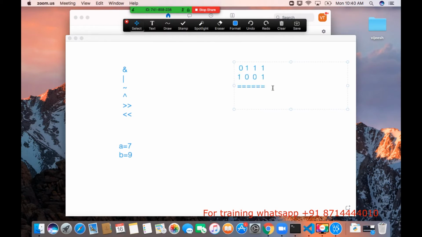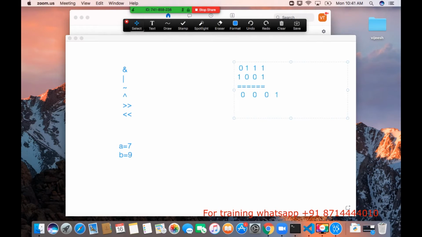In the binary number system, if you are using AND, it will compare 1 with 1, and the output will be 1. Then 1 and 0, the output will be 0; 1 and 0, the output will be 0; 0 and 1, the output will be 0. So the output of the AND operation will be 0, 0, 1.